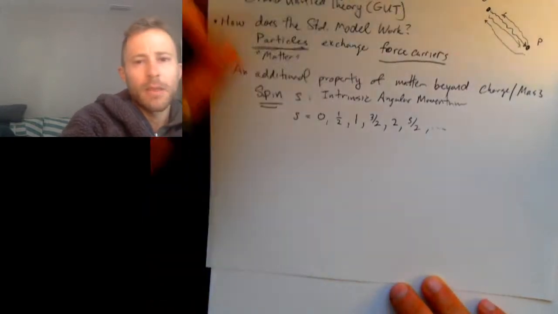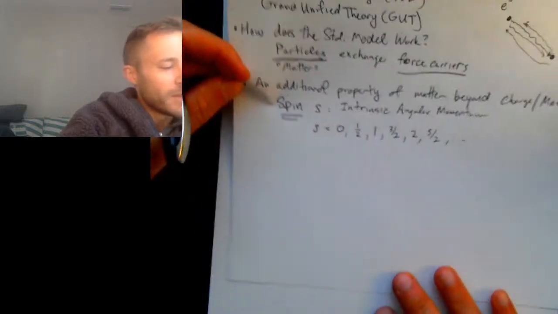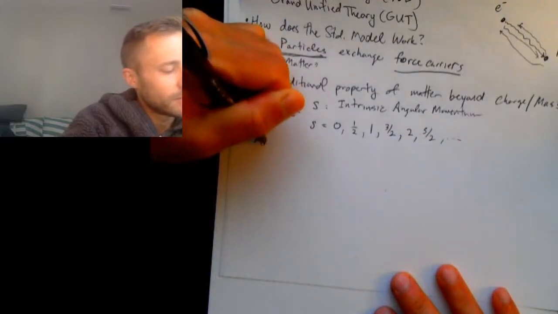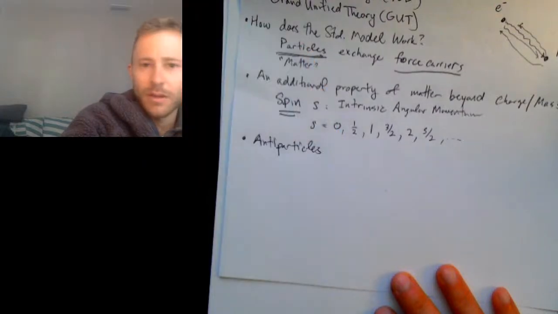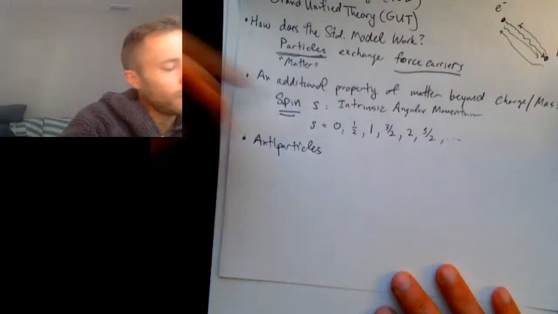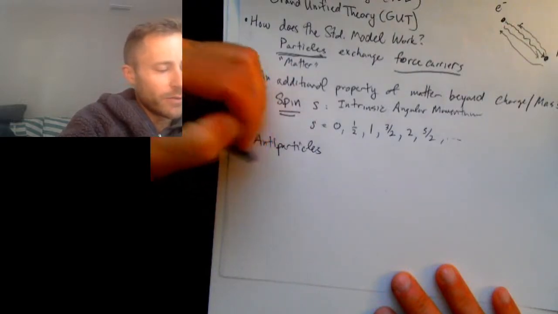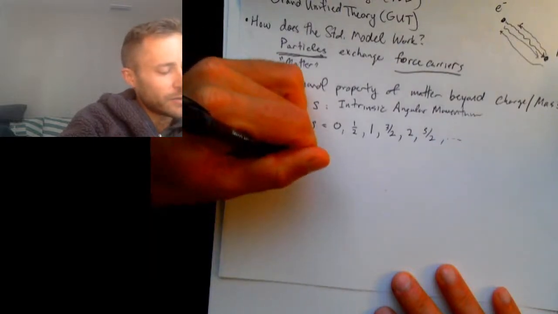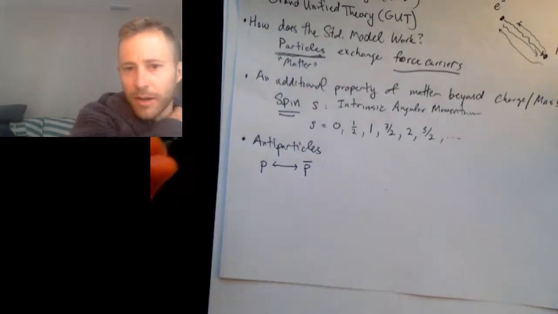All right. And then I also want to talk about antiparticles. So if you have a particle like, for example, P, its antiparticle has the same symbol, but you put a bar over the top. Okay.